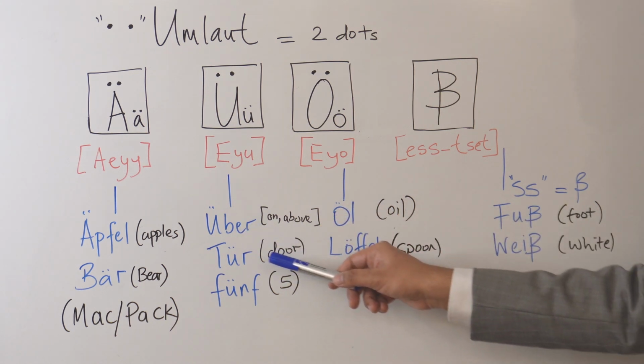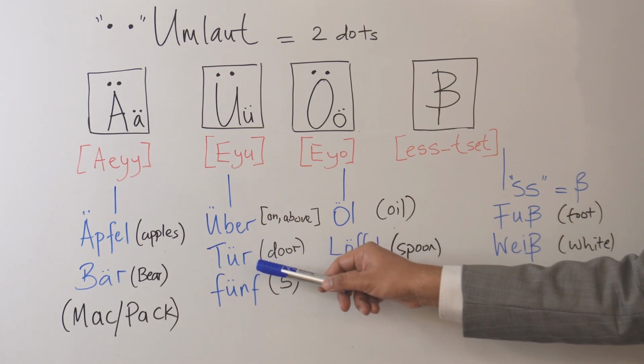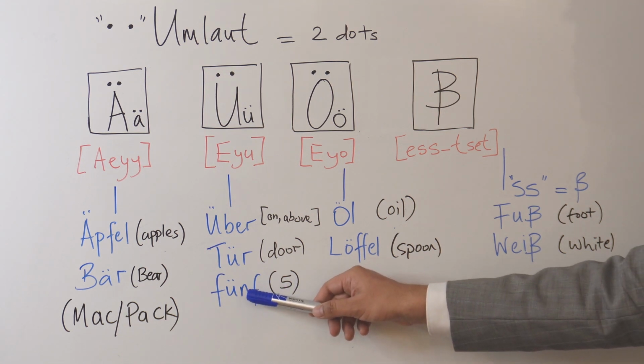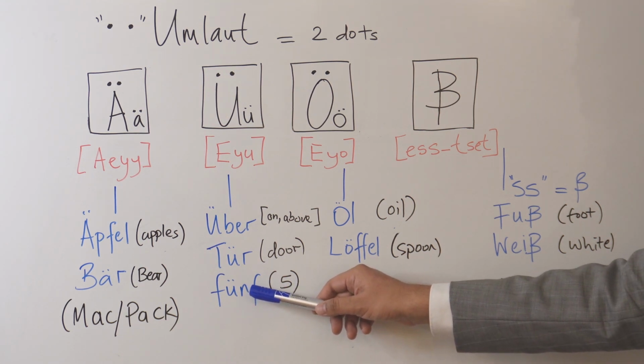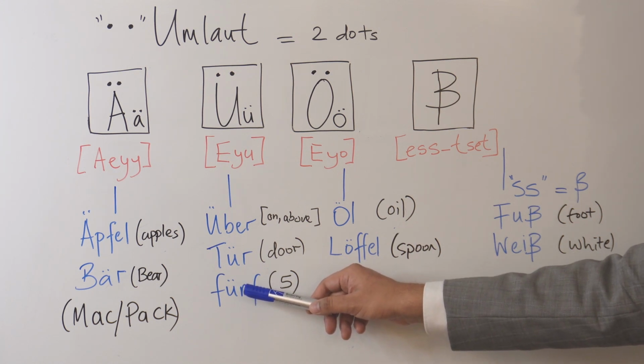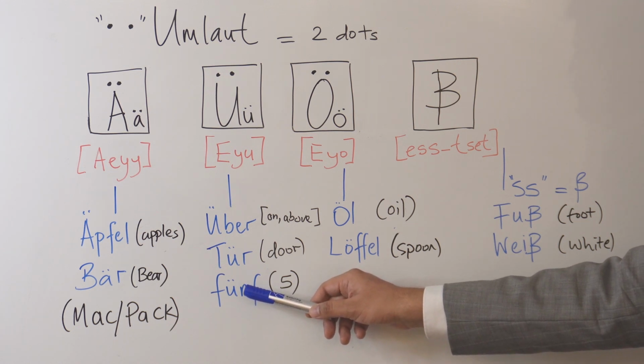The door is called Tür, Tür. And similarly, the digit 5 is called fünf, fünf. When you remove the umlaut, it will be wrong pronunciation. So you say fünf, fünf.